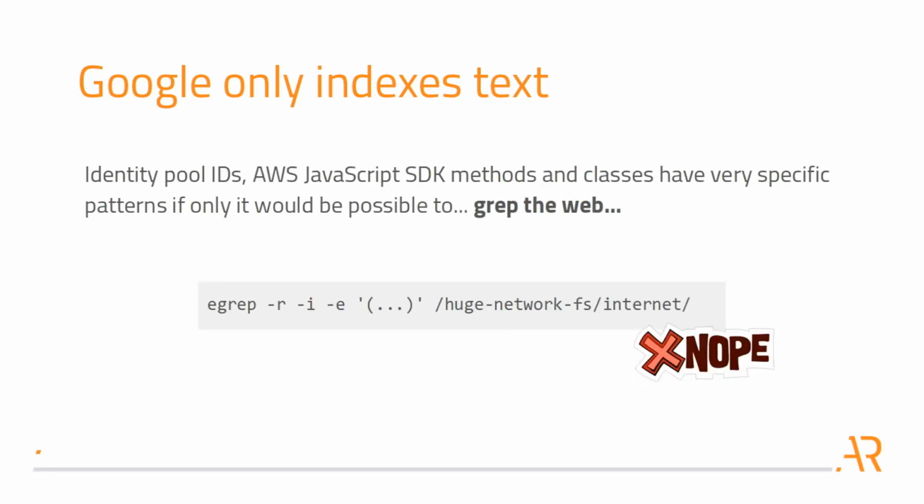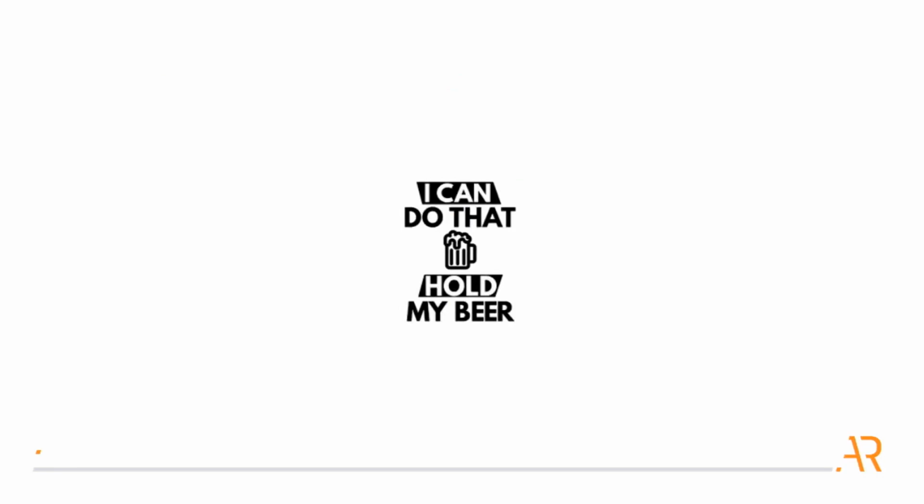So I really needed a way to grab the internet. I needed a way to do exactly that, like grab some directory where the whole internet was. And we all know that that doesn't exist. But yeah, actually it exists.